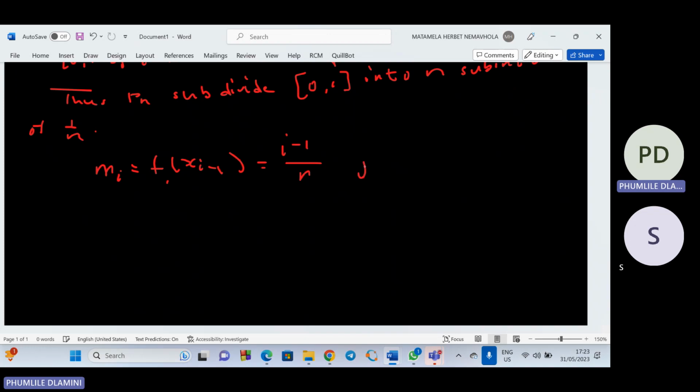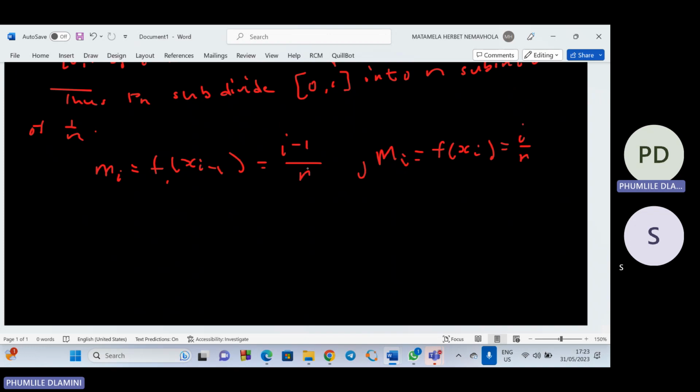And then also the big Mi is going to be f of x i. So our f of x i is going to be i over n. Why am I using i over n?